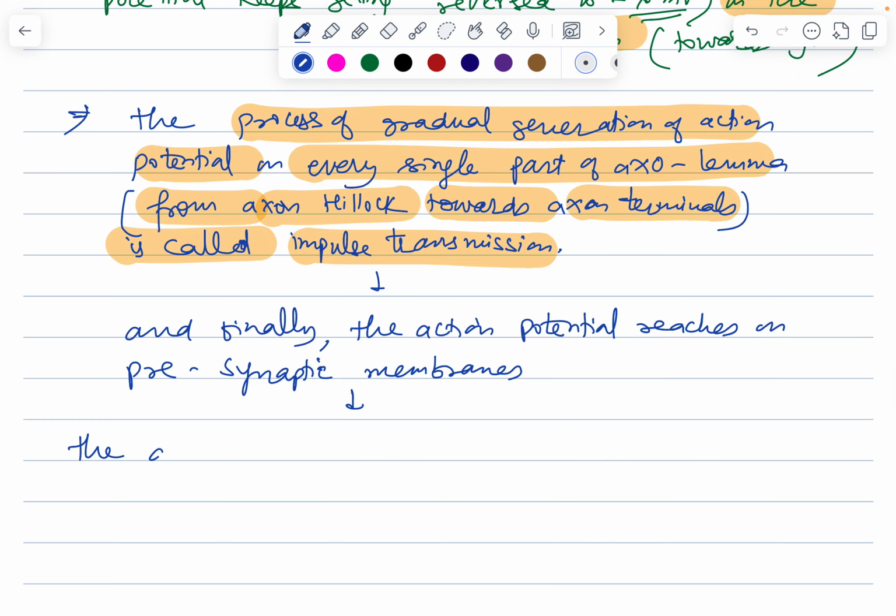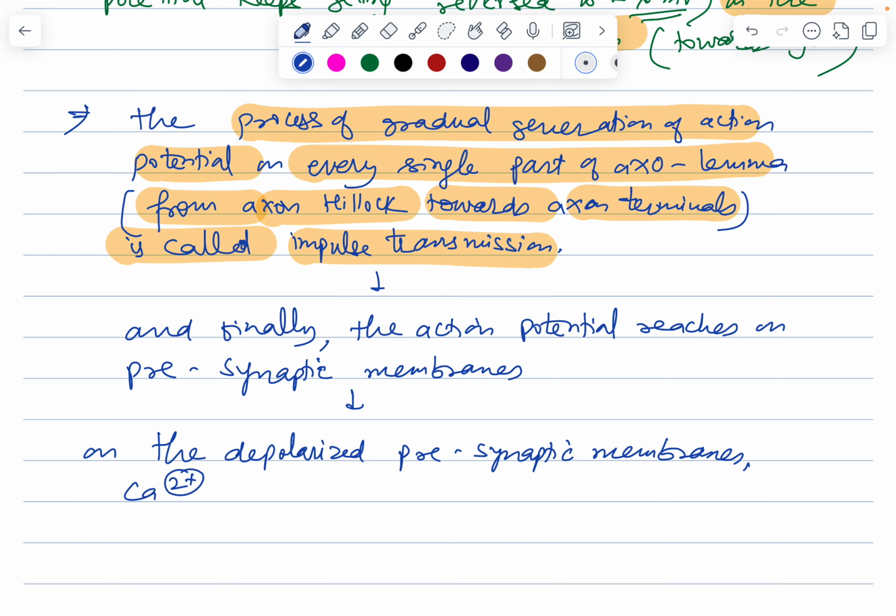On the depolarized presynaptic membranes, calcium ion channels will open.